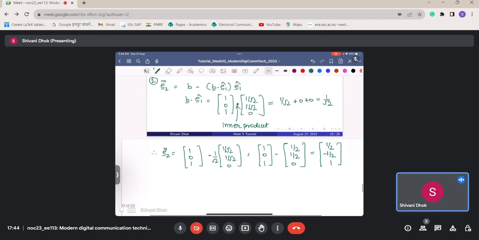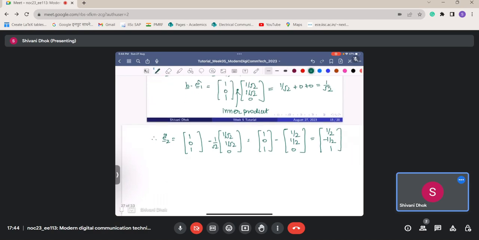Now let us look at the norm of e2 tilde. So this is simply 1 by 4 plus 1 by 4 plus 1.